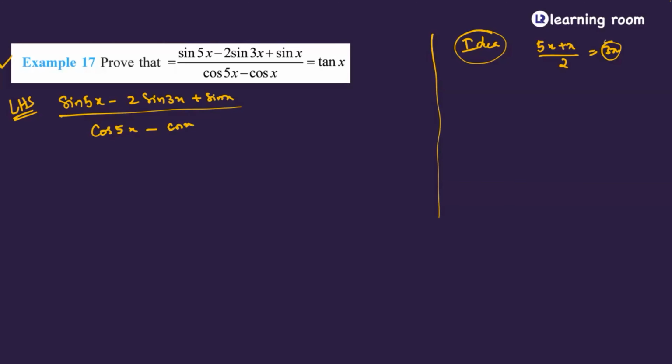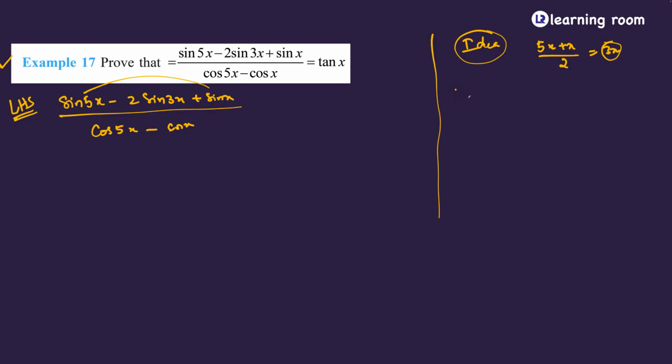So I will get sin 3x as common so that I can use it with this. To put it simply, you need to combine those sine values which have coefficient 1. I'm going to combine these two extreme values.